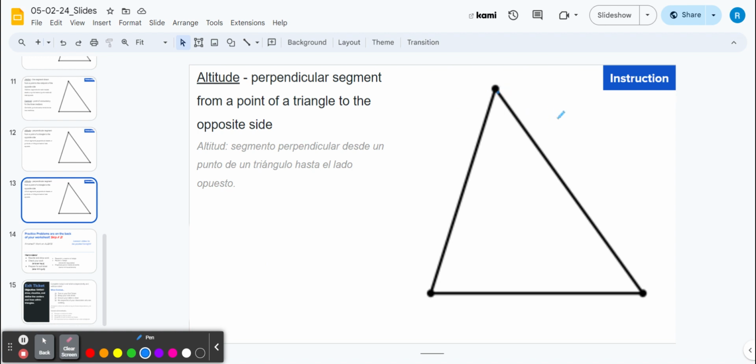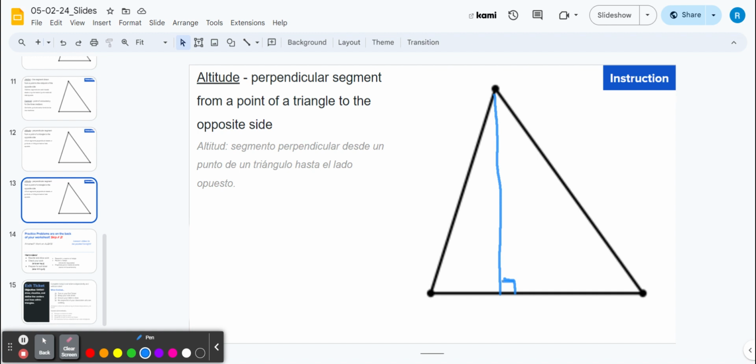And instead of splitting the angle like we did before or tracing to the midpoint like we did before, we're just going to draw, in this case, straight down so that we get a nice perpendicular line connecting the opposite segment. So I have my point, I trace from that point, and I create a perpendicular line to the bottom. I'm going to mark 90 degrees there to show that's perpendicular.